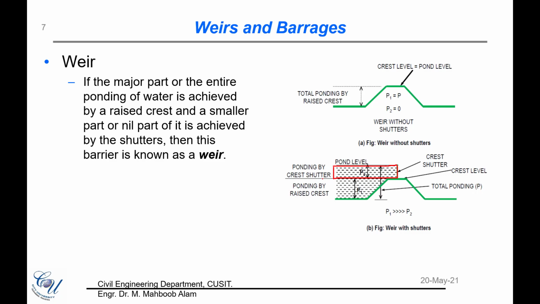Most of the water, if you look at this section, is stored by the raised crest level. So this amount of water which is stored by the raised crest is far greater than the amount of water which is stored because of the gates or any kind of shutter which is installed on top of the crest.